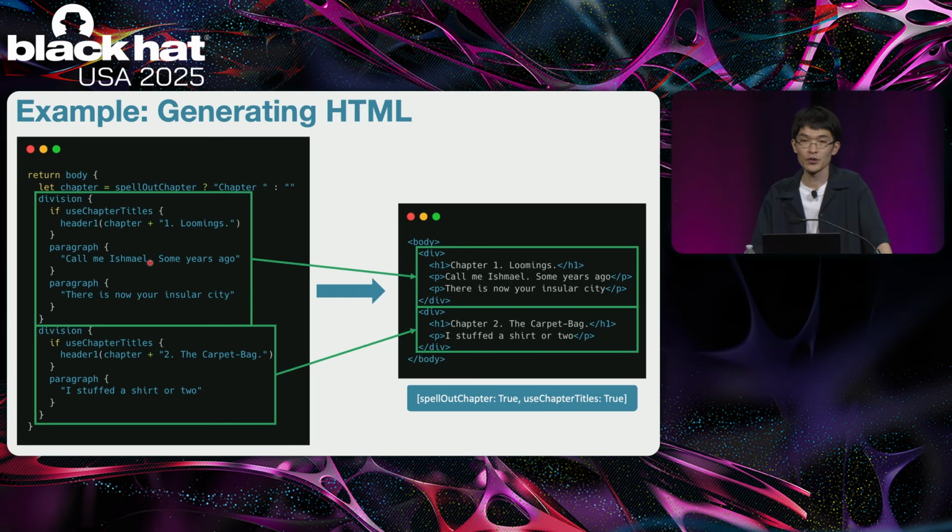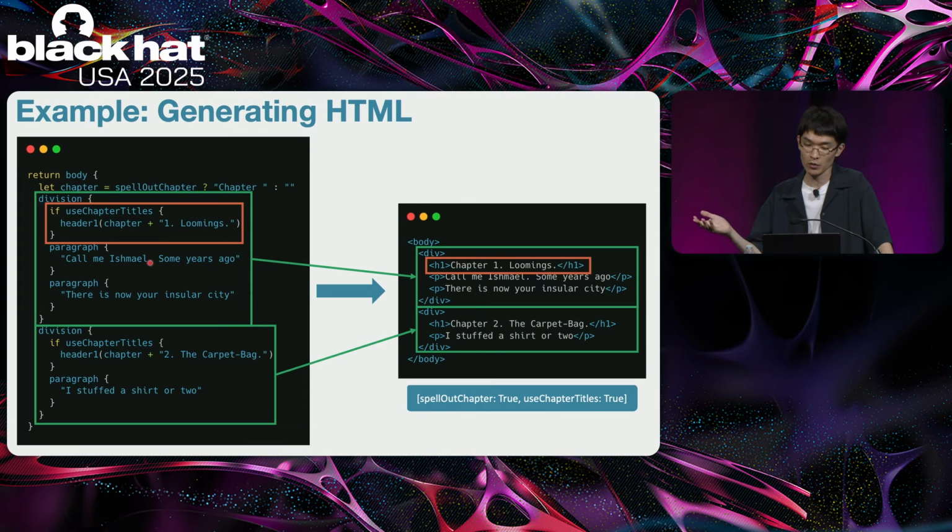And even the conditions under which elements are added are easy to understand. For example, we can easily understand this HTML element is added only if the use chapter titles variable is set to true. It's almost like writing your own template engine, but you're building the DSL using Swift language features.